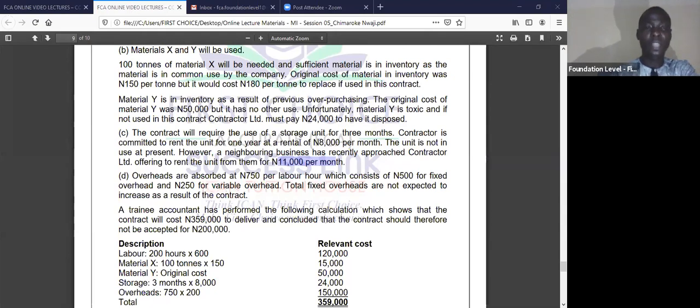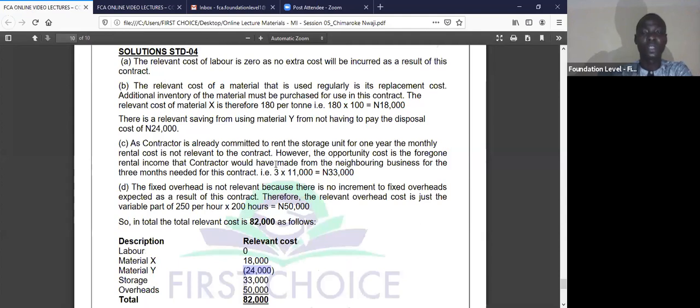So 11,000 minus 8,000. So this is the opportunity cost, the cost you are foregoing for not renting it out to somebody else except the contractor. So that extra cost is what you are supposed to be using. So it's 3 multiplied by 11,000.